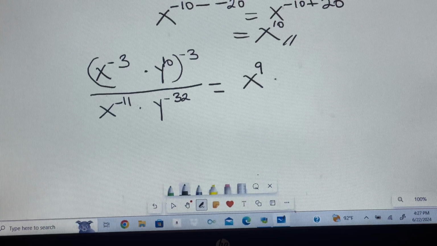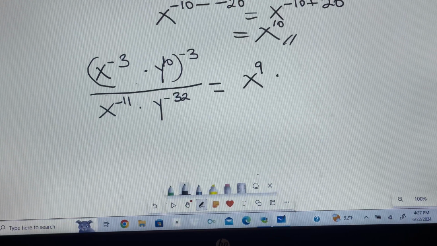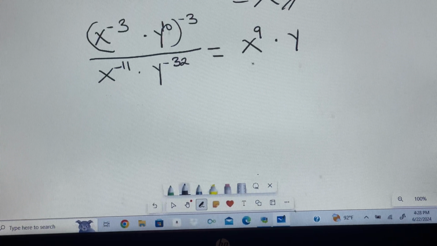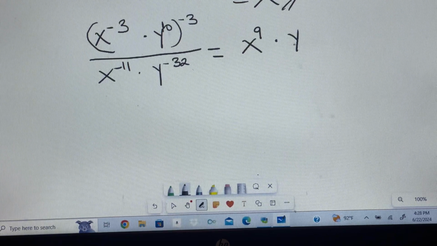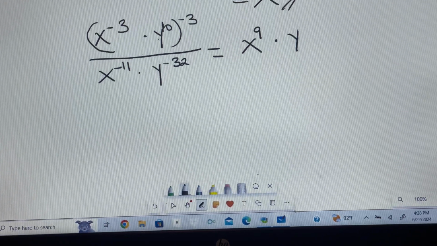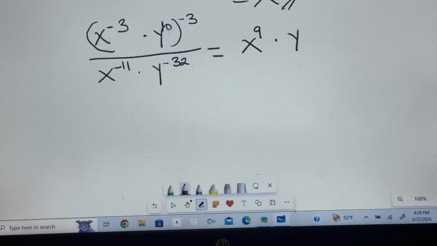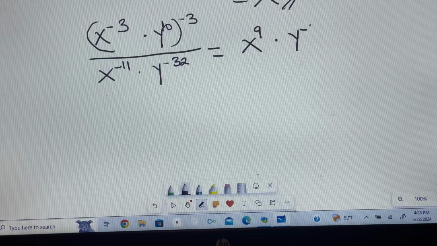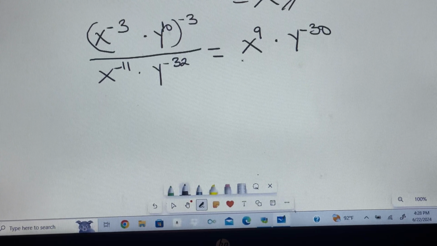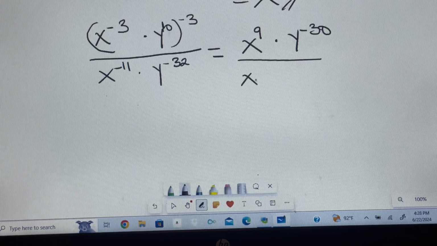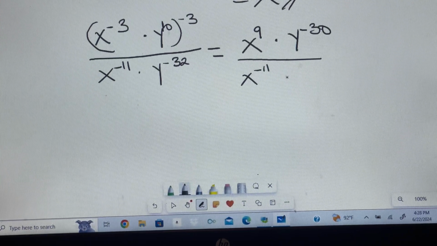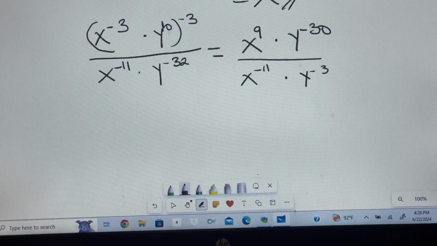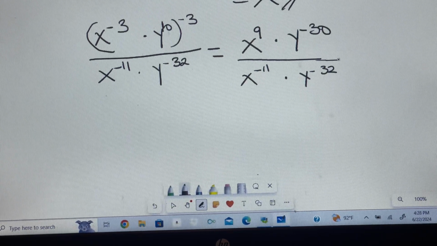Then multiplied by y to the power of, we have 10 here. Positive 10 multiplied by negative 3 is what? Negative 30. We clear the brackets, then all over x to the power of negative 11 multiplied by y to the power of negative 32.